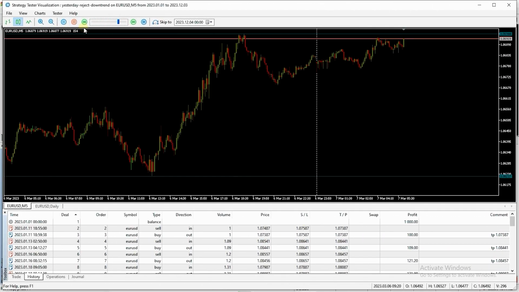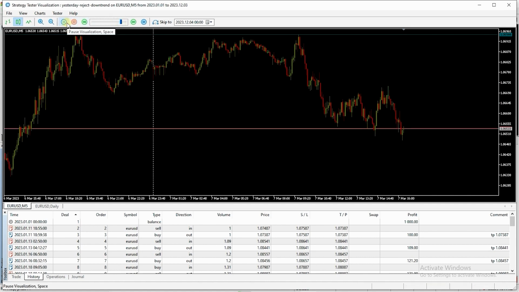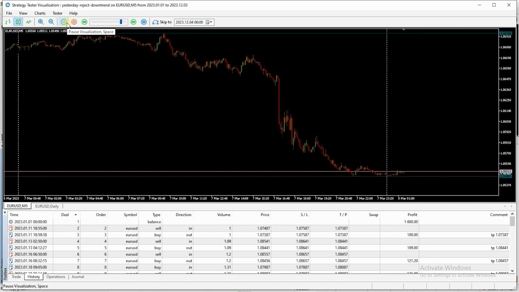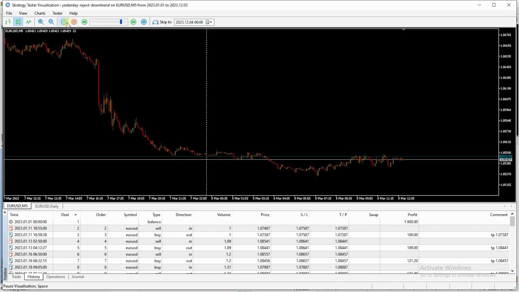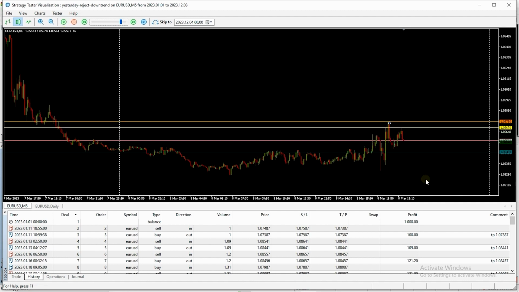Now I changed the code, so when it detects the uptrend or downtrend, in that moment it opens a position. It won't place a limit order. So you can see when price went back to yesterday's price, here it goes down, is rejected, and creates a high, a low, and higher points.